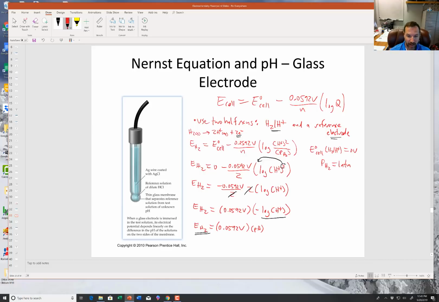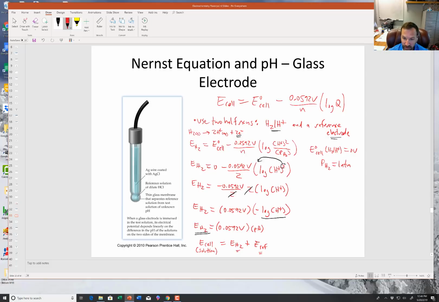So we can say then that the total cell potential, and we can consider this to be the solution, right? So the total cell potential for some solution we're measuring is going to equal E of hydrogen plus E reference, right? If we have these two half reactions involved in our electrochemical cell, they're going to add together to give us the total cell potential.